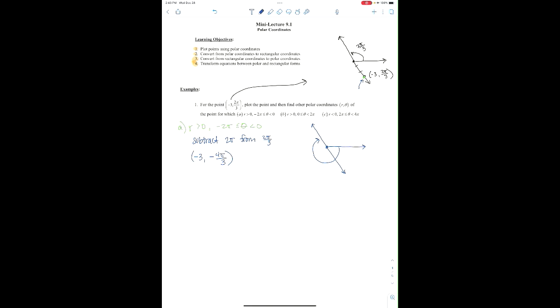But we want our r to be positive, so we look at 1, 2, 3 on the opposite side, which makes it positive 3 and negative 4 pi over 3. That's what we want.